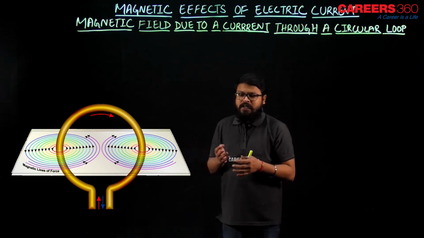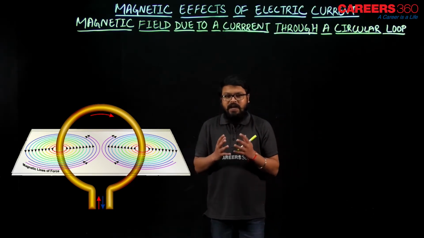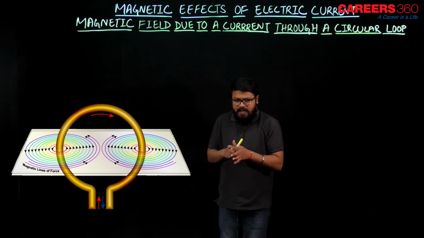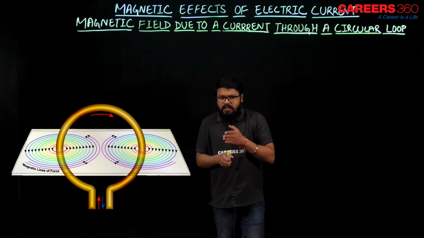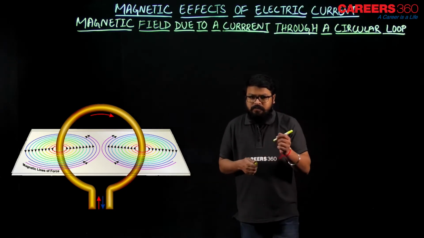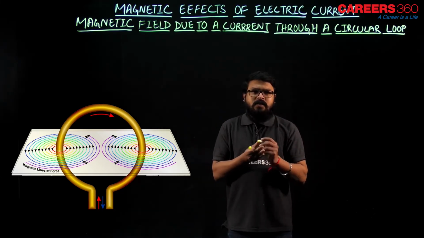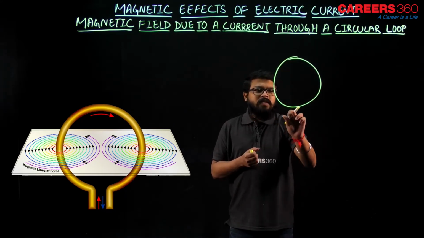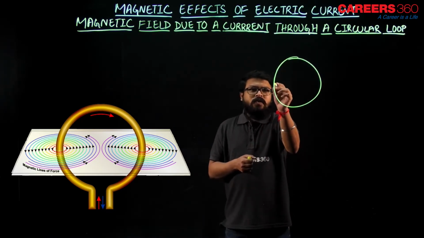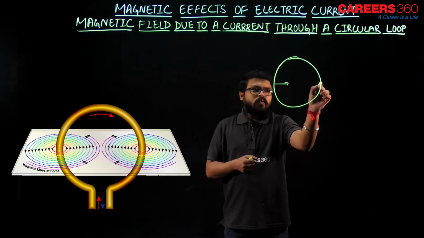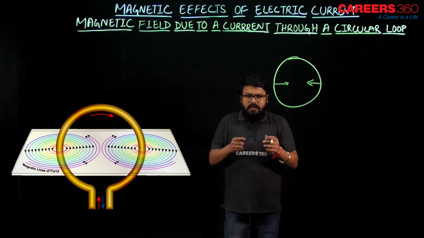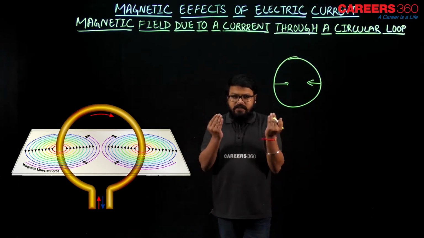Now, as we already know, for a straight conductor the magnetic field lines are concentric circles. Over here, since the conductor is circular, suppose this is a conductor. As we move away from the conductor towards the center of the loop, the radius of the concentric circles is increasing.